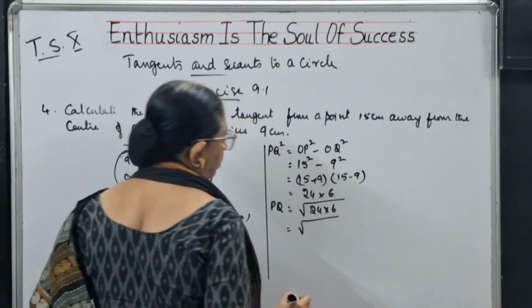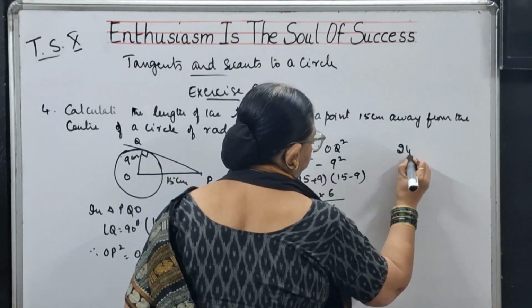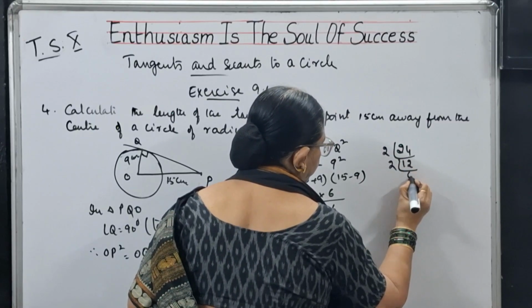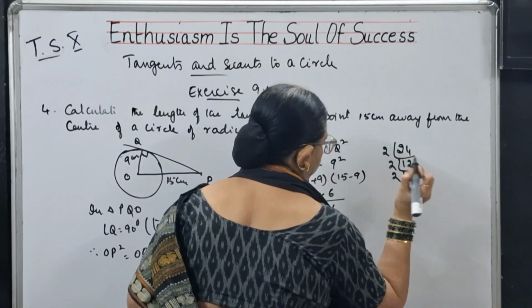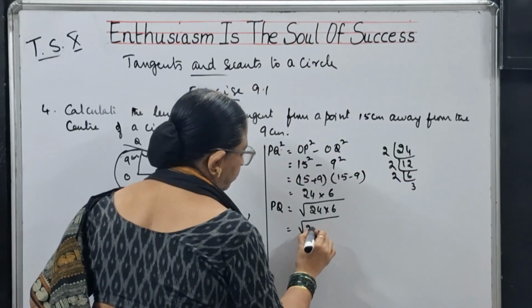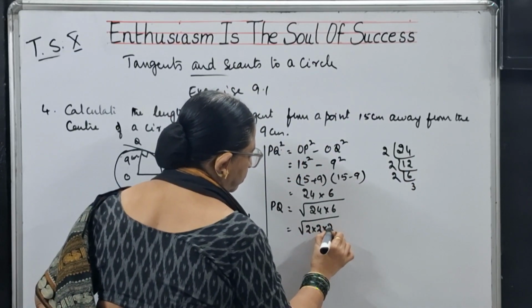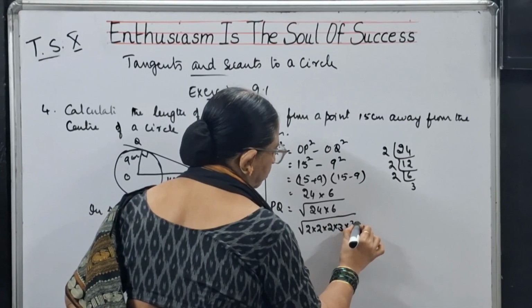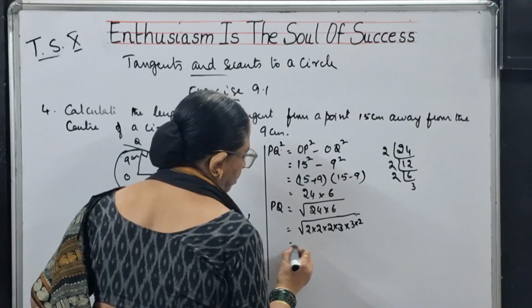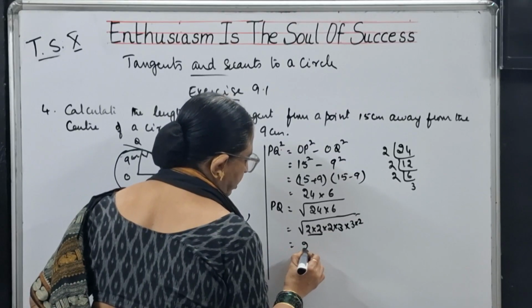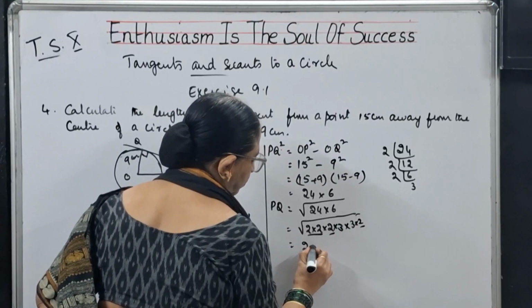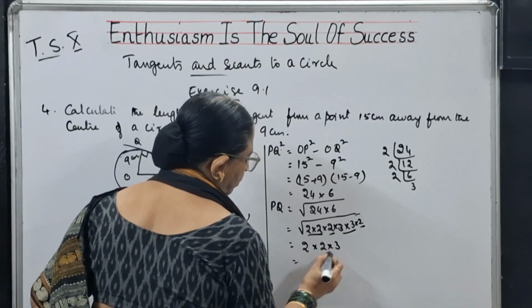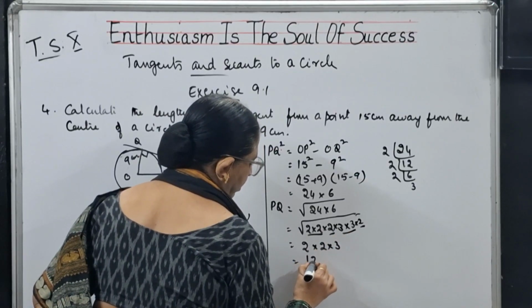That is equal to root of, let us take the prime factorization of 24: 2 into 2 into 2 into 3. And 6 means 3 into 2. So here, instead of 2 twos, I am taking one 2 out, and instead of 2 twos, one 2 out, and instead of 2 threes, one 3 out. So 3 twos are 6, 6 twos are 12.